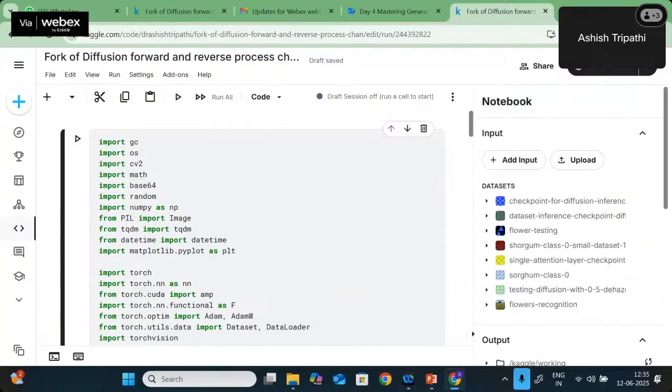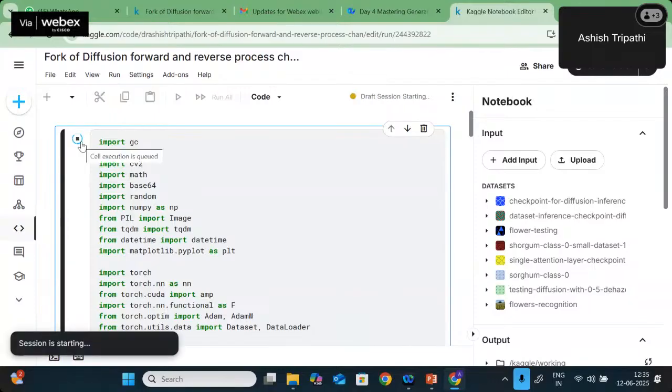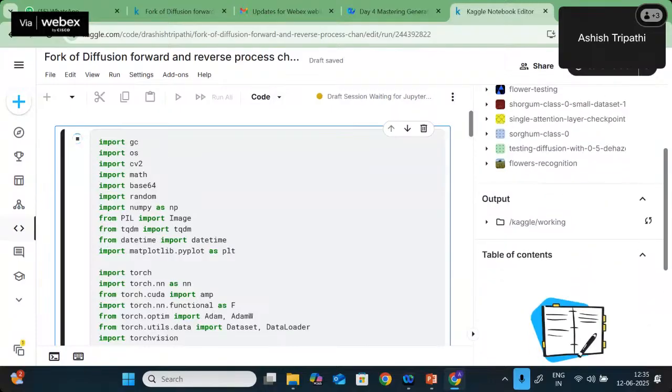Otherwise you will not be able to get access to the GPU. So please check on the right hand side whether your internet is on or not.